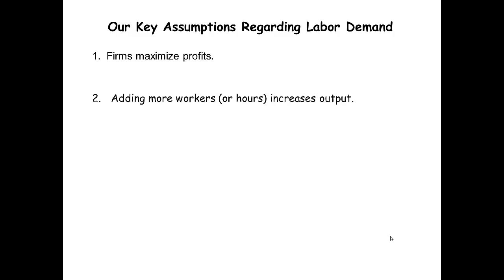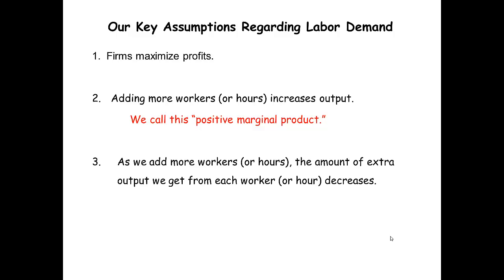Now, what are our key assumptions regarding labor demand? The first is that firms maximize profits. That's similar to the assumptions that you would have seen in microeconomics. Second, adding more workers or hours increases output. We call this positive marginal product, that adding an extra worker increases output.